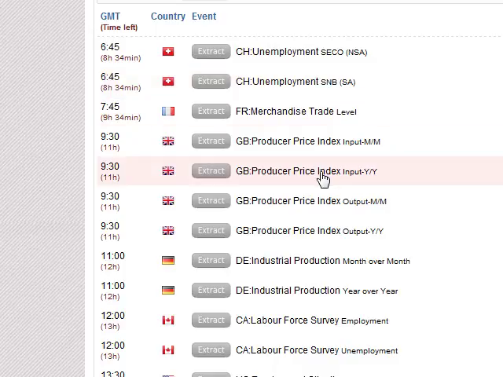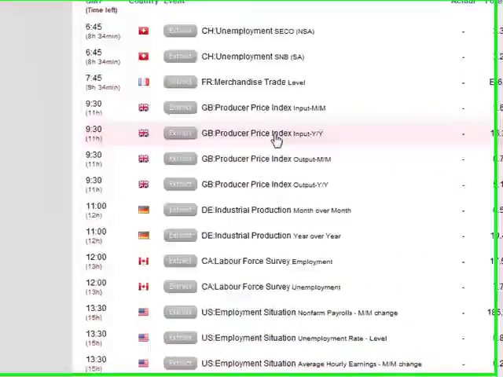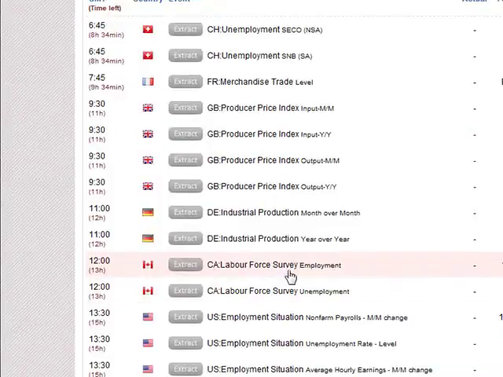We have PPI index for the pound, and this is basically a leading indicator of inflation, which can affect interest rates and whether or not people are paying more for goods, gas, and bread, and commodities, and whether or not they're going to pass it on. Those are the three that really catch my eye. We also have the Canadian labor force information, so that's also going to be big.